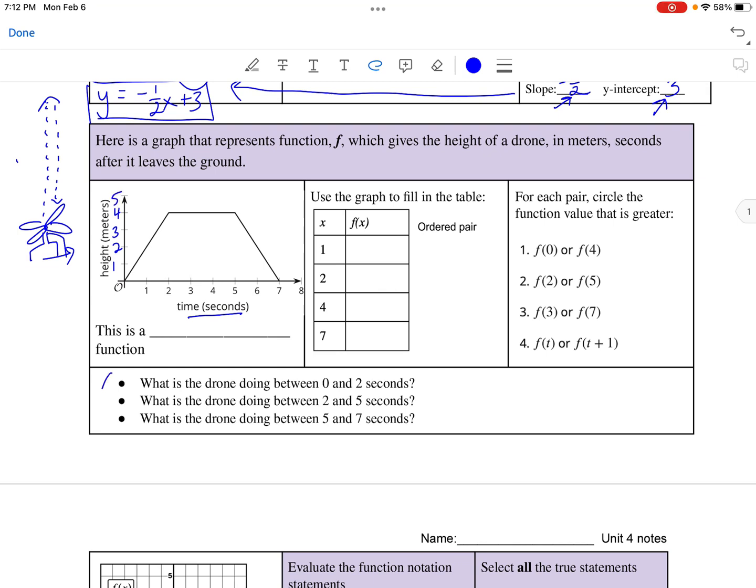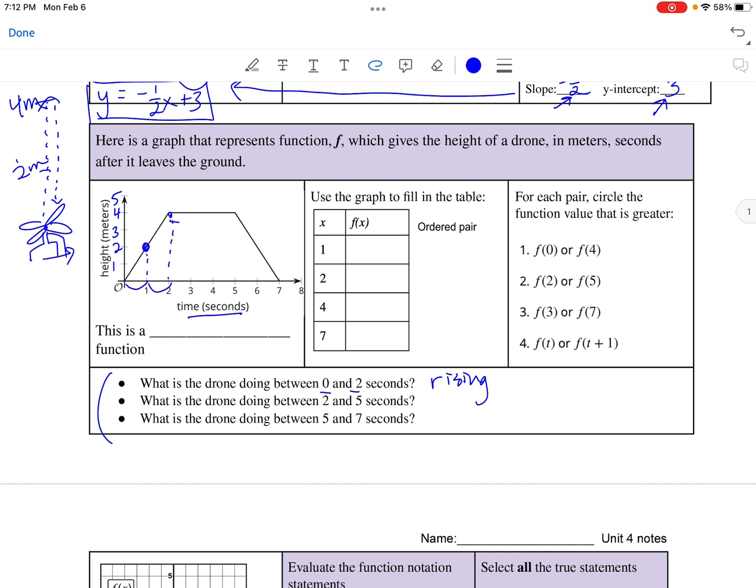So let's first do this part. What is the drone doing between 0 and 2 seconds? So 1 second has gone by and it is 2 meters high. 2 seconds have gone by and it is 4 meters high. So it's rising, or going up.